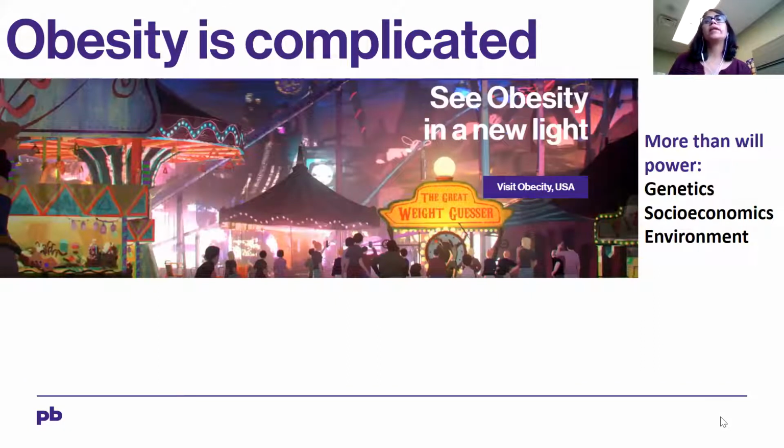But things are not so simple. Obesity is very complicated. It is more than just willpower to stop eating or exercising. It has a lot to do with genetics, socioeconomics, and the environment.